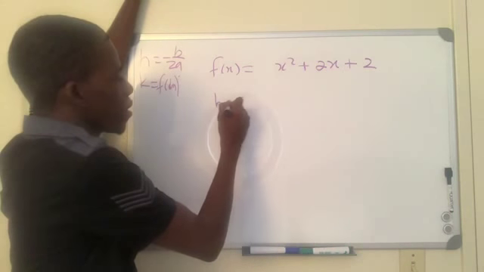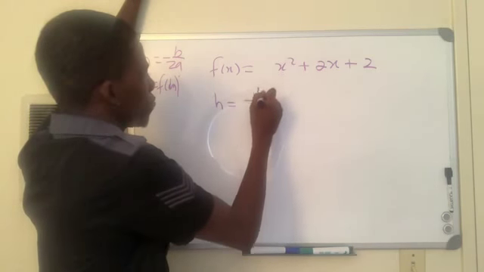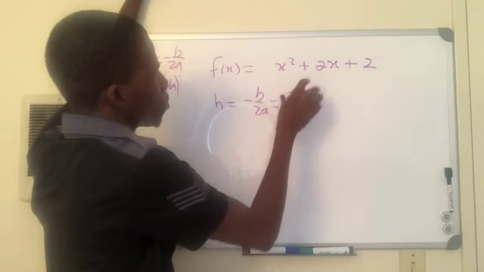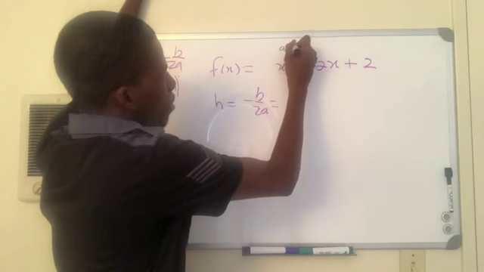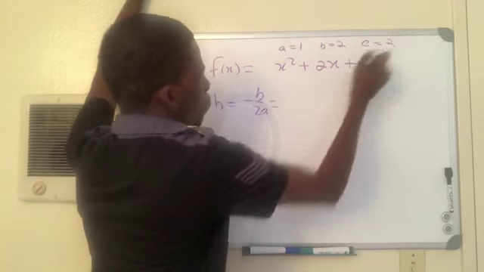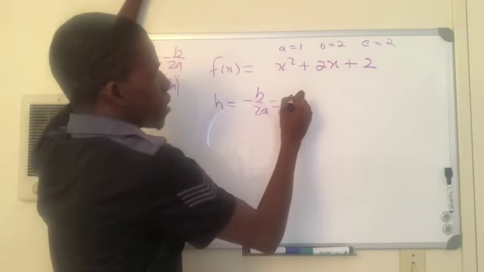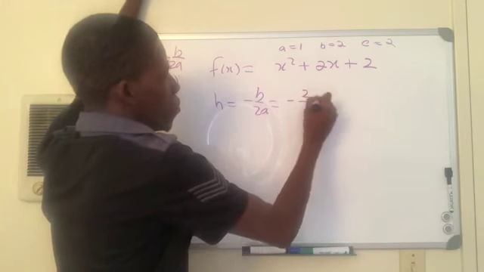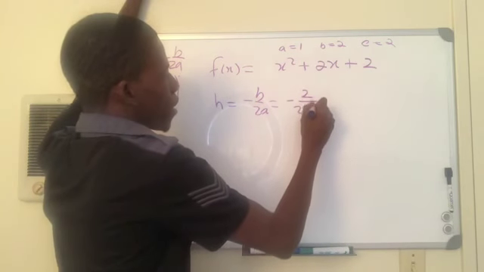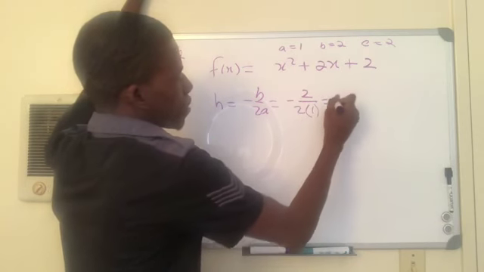So in this case, h is equal to -b over 2a. Let's see, here a is 1, b is 2, and c is 2. So -b over 2a is -2 over 2 times 1. That gives you -2 over 2, that's -1.